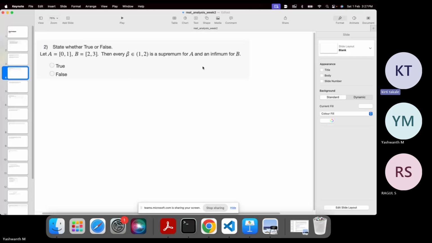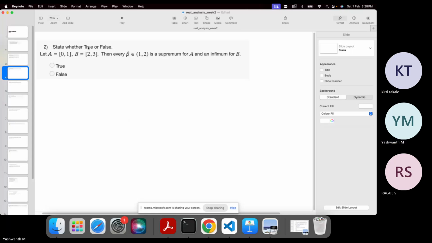I think it is true. No, no. Just recall that the supremum is not just any upper bound. It's the least upper bound. Yes, then no. Because for [0,1], 1 is the supremum, but 1 does not belong to the open interval (1,2).